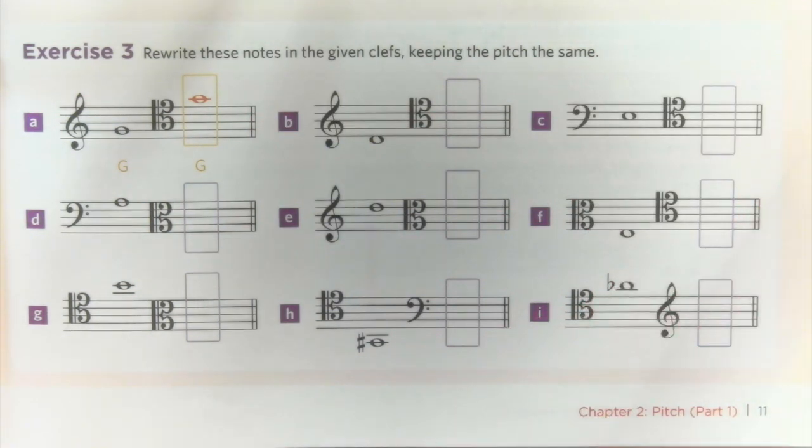If you watch my video 1D, how to read in all the clefs, my memorime is very useful for this exercise. It says, if the pitch you want to know, middle C, are you above or below?